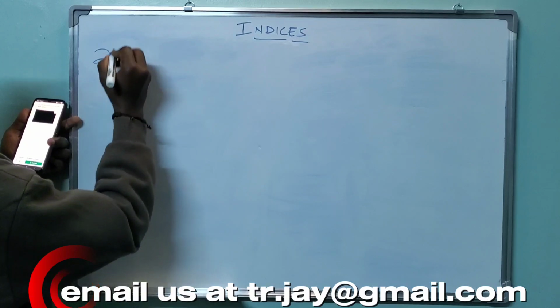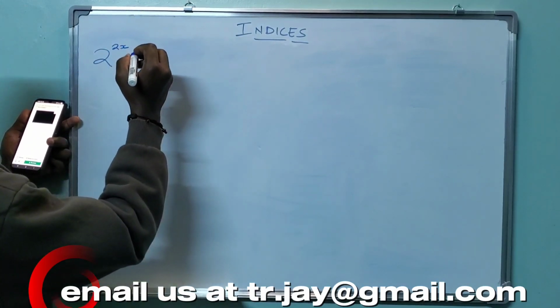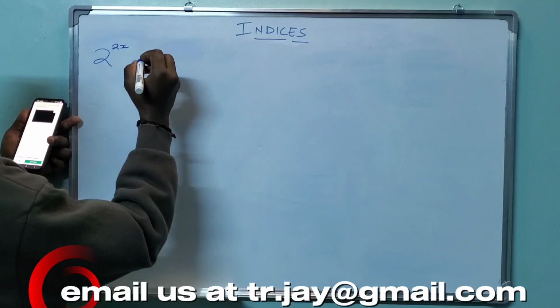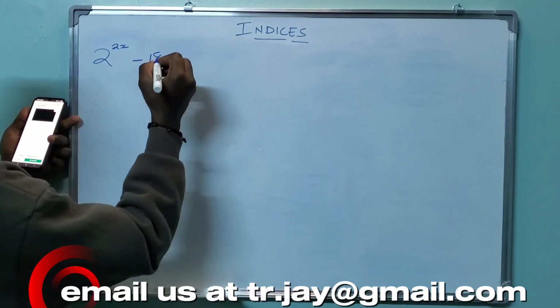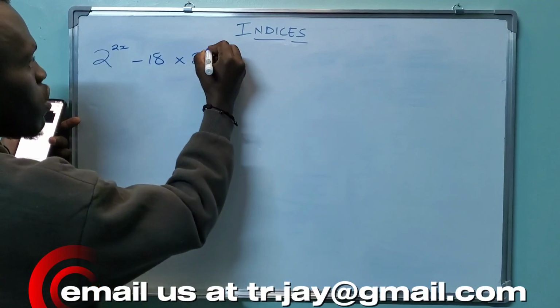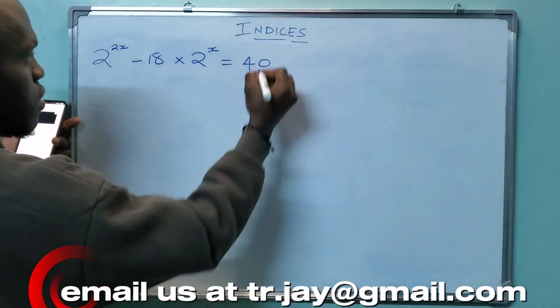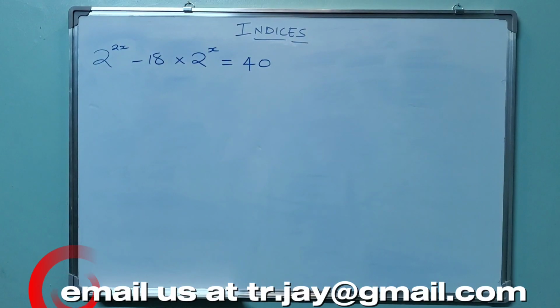So we have in here 2 raised to power 2x, then minus 18 multiplied by 2 raised to power x equals 40. Now, an example like that, how are you going to work it out?